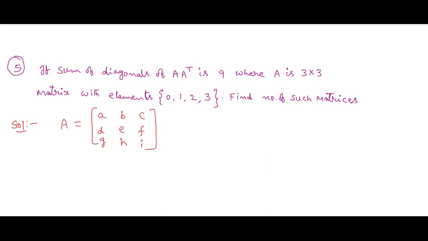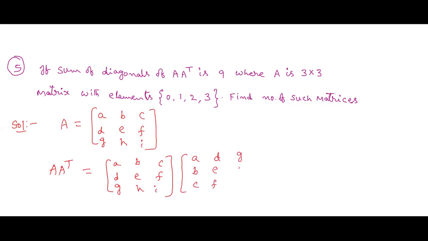This is matrix A. But what is A into A transpose? A into A transpose: a, b, c; d, e, f; g, h, i. Then what is A transpose? a, b, c; d, e, f; g, h, i. Now do the multiplication. We don't want all elements. What is given here?